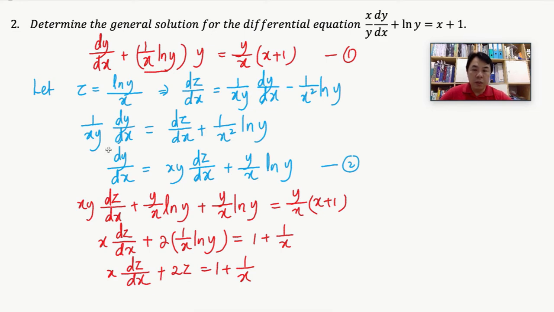We still need to convert this into a form where the coefficient of dz/dx, or coefficient of dy/dx, must be held at 1. So we restructure this. Therefore, we get dz/dx plus 2 over x z equal to 1 over x plus 1 over x squared.